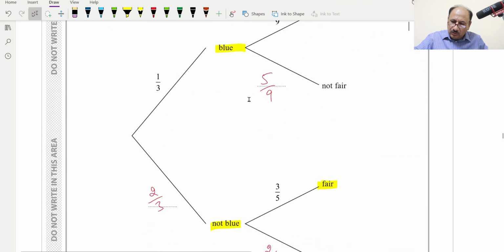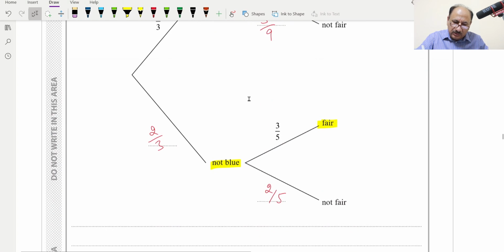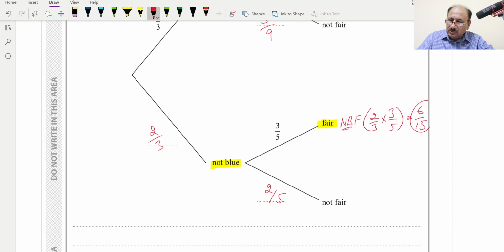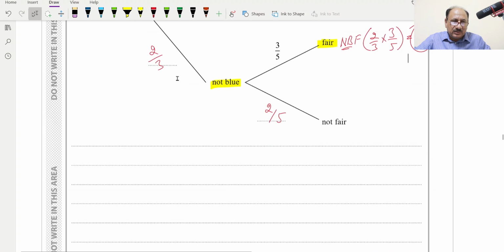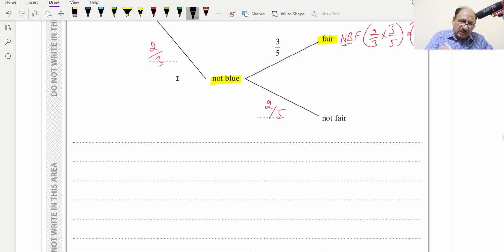And the second route, we will be taking this one, which is not blue and fair. So probability will be 2 by 3 into 3 by 5, and this will be equal to 6 over 15. 6 over 15 will be the probability for this one. Now we can calculate fair probability. We can write here fair.